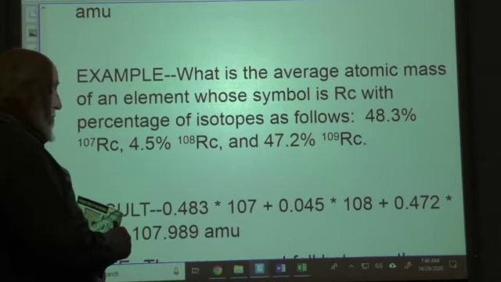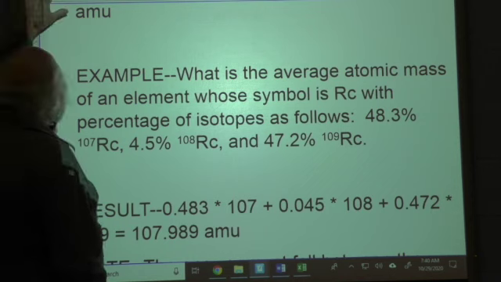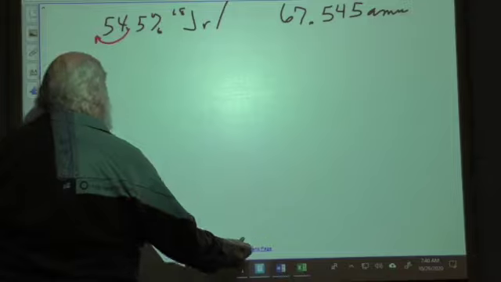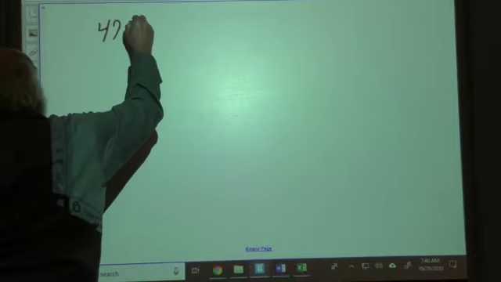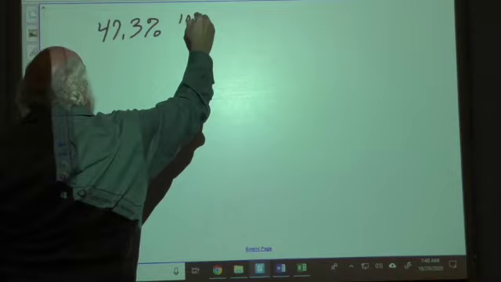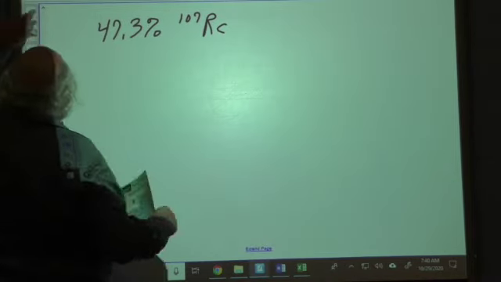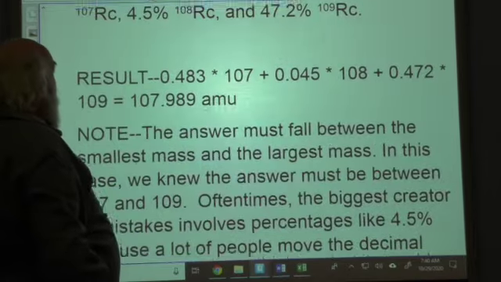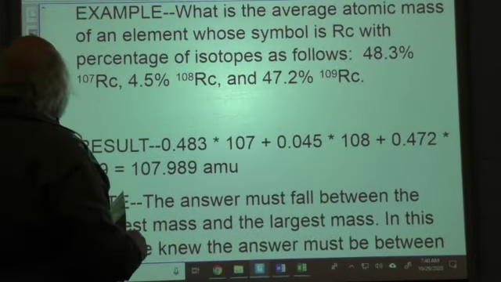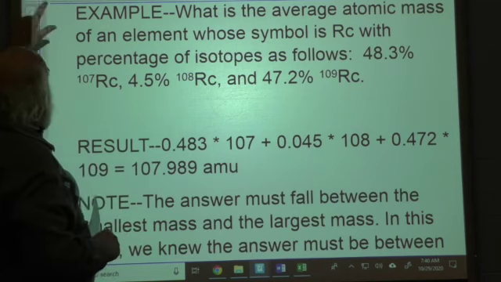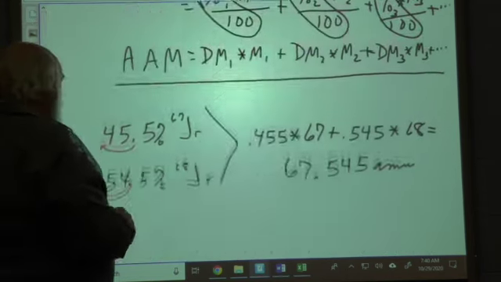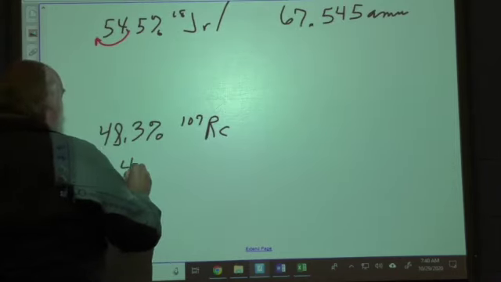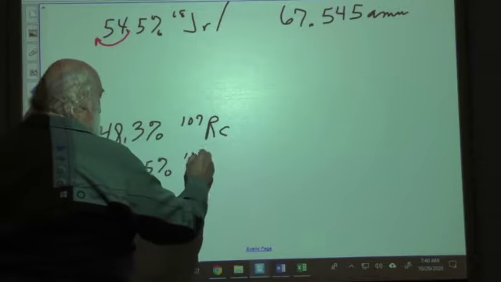And so we got 48.3% of 107 RC, and 4.5% 108 RC.